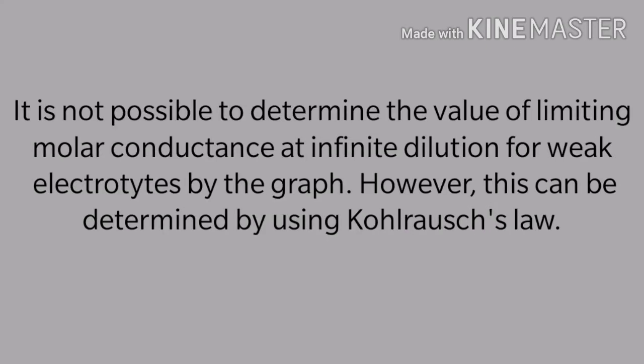So now we'll see the next application, and this application is for the calculation of degree of dissociation of weak electrolyte, because it is not possible to determine the value of limiting molar conductance at infinite dilution for weak electrolytes by the graph.